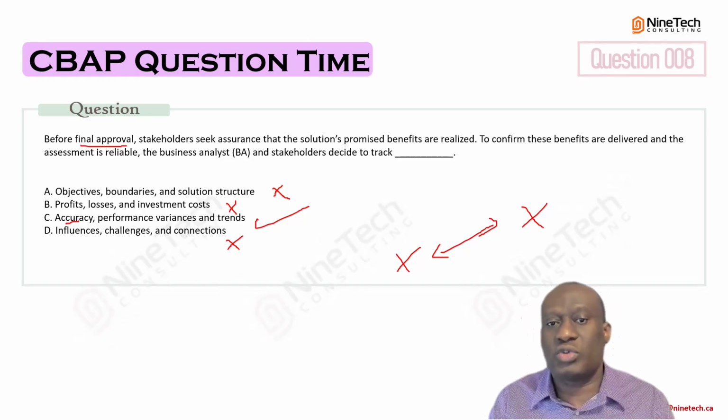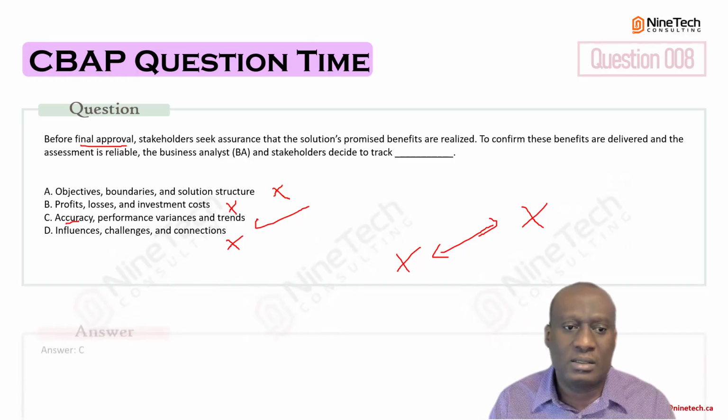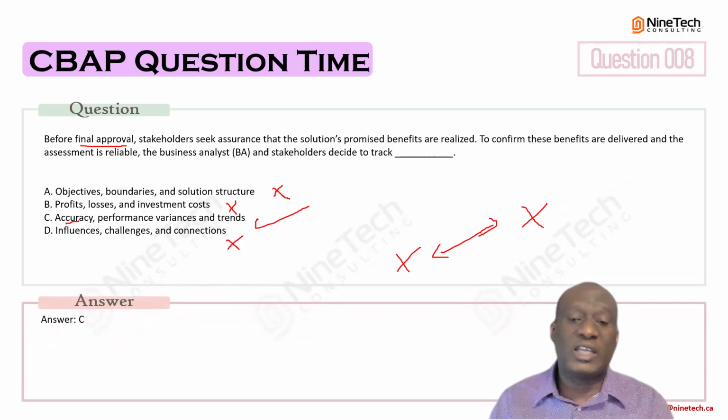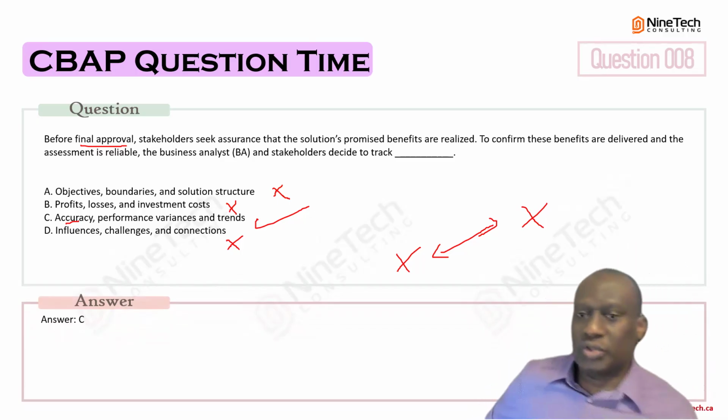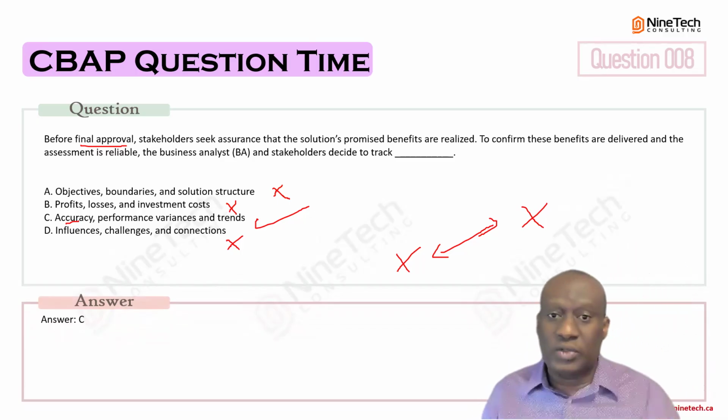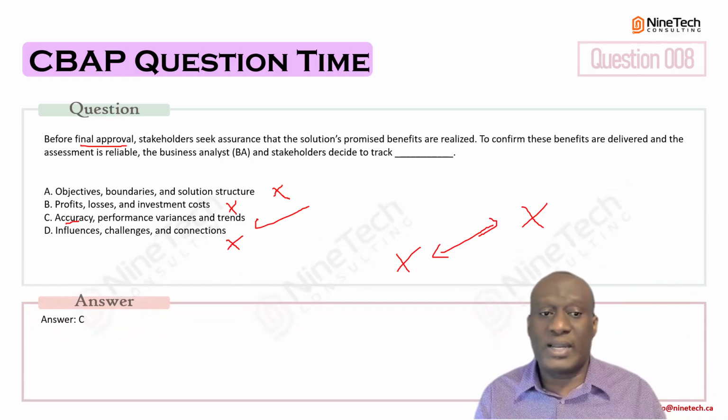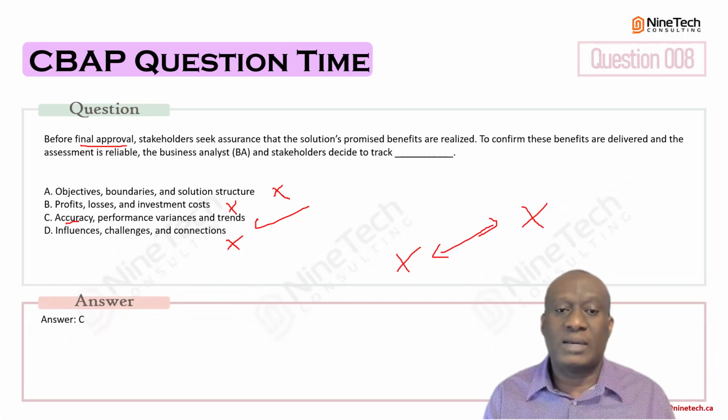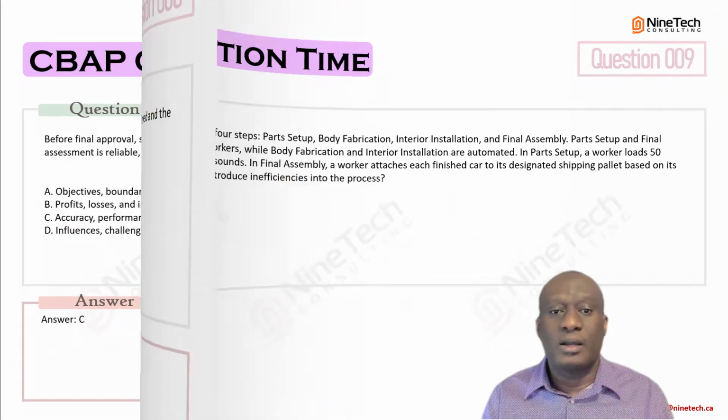Then trends, trends over time. So that's the answer. Let's check what the answer is. C, also. Well done. If you got C, well done to you. And if you didn't get C, that is why we're doing this, trying to understand how to answer these questions and also how they apply in our everyday analysis work.